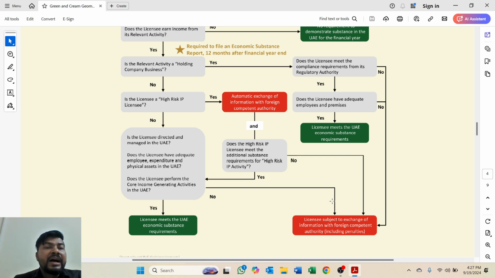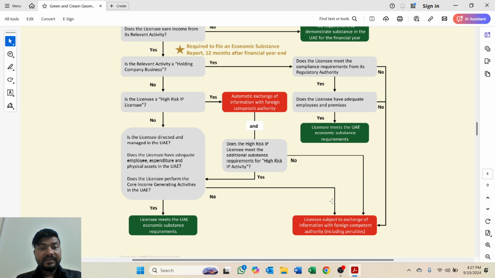Now let's come to high risk intellectual property licensing. If yes, for a high risk intellectual property business company, they automatically need to exchange the information with the foreign competent authority. And then, does the high risk intellectual property business meet the additional substance requirement for high risk activities or not?